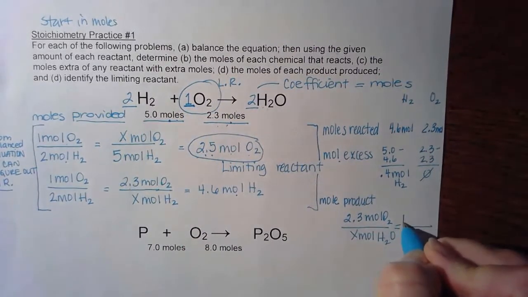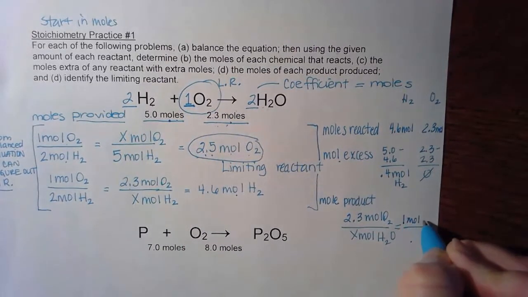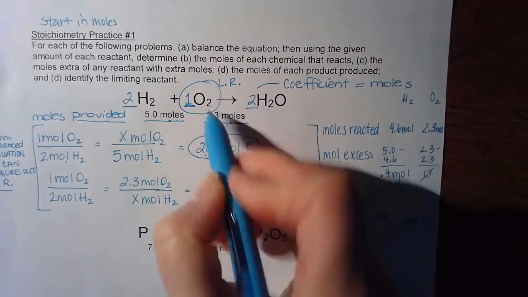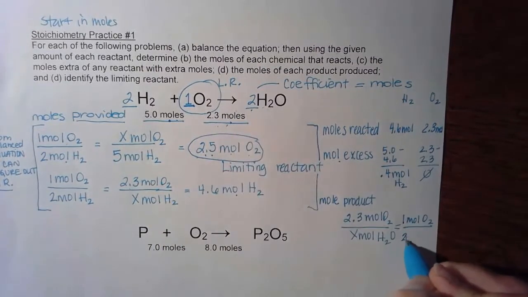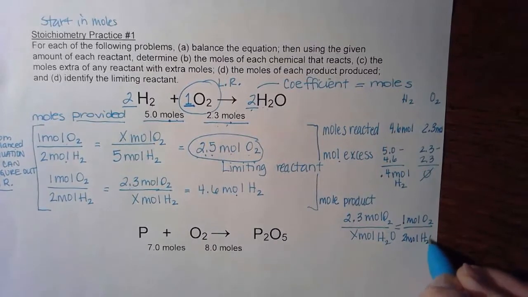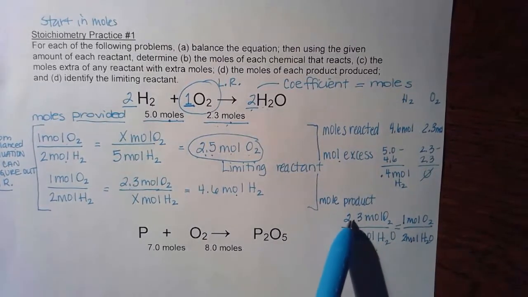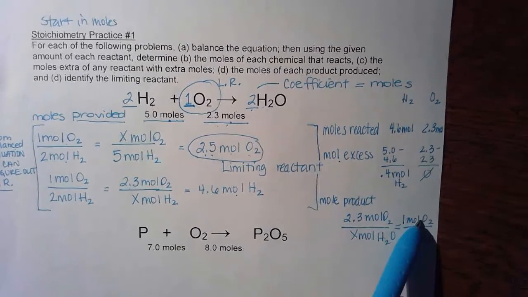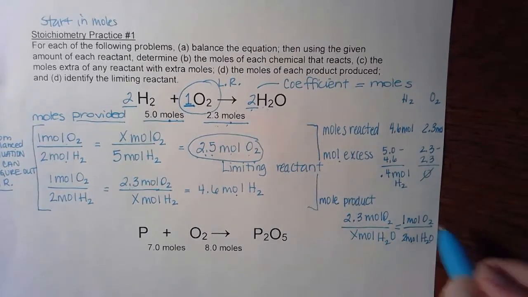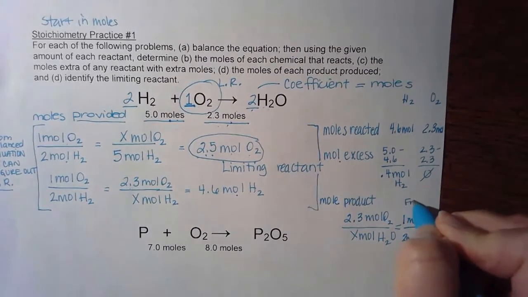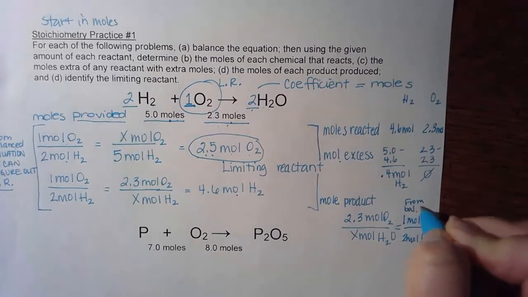So here we have 1 mole of oxygen to 2 moles of water. Then you cross multiply 2.3 times 2, and you divide by 1. And again, remember, this is from the balanced equation.